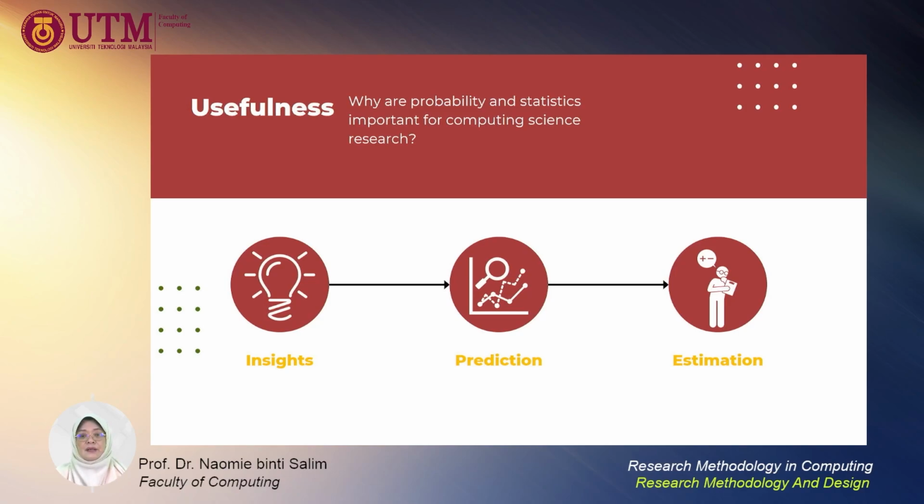Probability and statistics is useful for computing science research because it can help you get insights about the data that you have collected. It can help you predict what will happen in the future, or what will happen if you observe a number of features or variables in your data, and it can help you estimate a number of variables, especially dependent variables pertaining to your population.